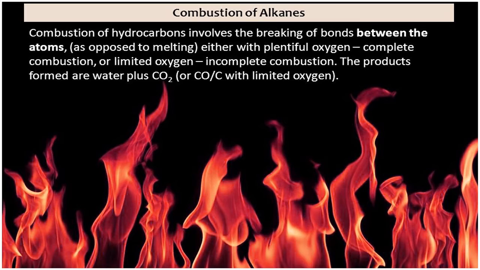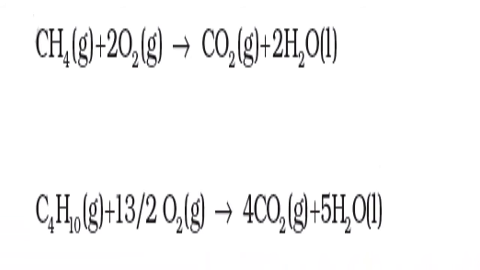Okay, right. Now for the chemical equations. Methane with oxygen gives carbon dioxide and water. This is methane, the first member of alkanes, the simplest alkane, also known as natural gas. Wherever a petroleum source is there, it comes out from the earth's crust.